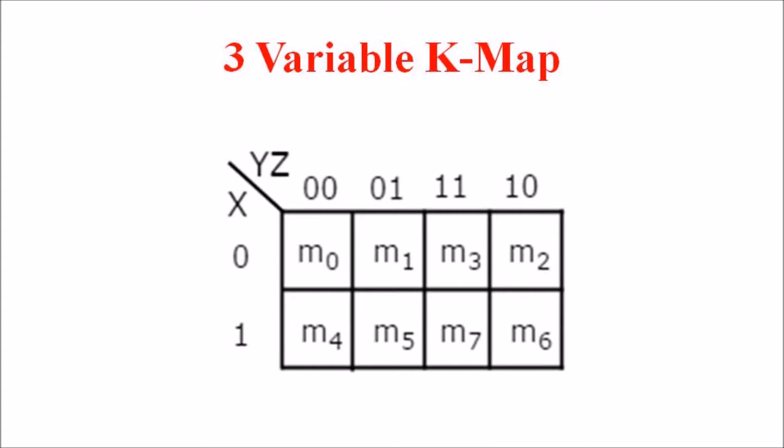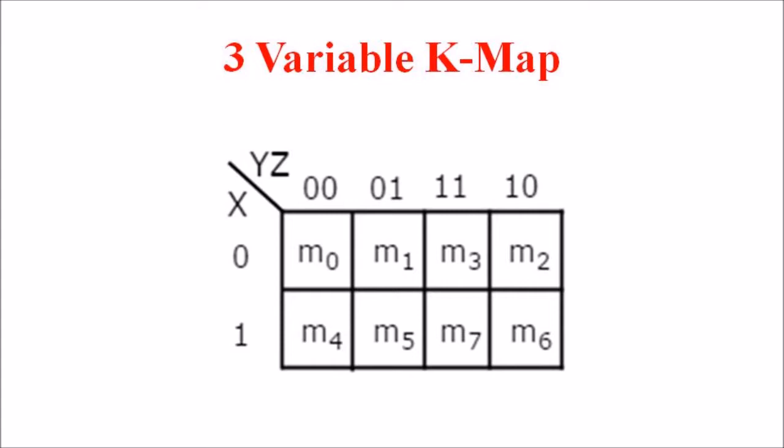The possible combinations of grouping 4 adjacent minterms are m0, m1, m3, m2, then m4, m5, m7, m6. Another one is m0, m1, m4, m5. Next one is m1, m3, m5, m7. Another one is m3, m2, m7, m6. And finally m2, m0, m6, m4.